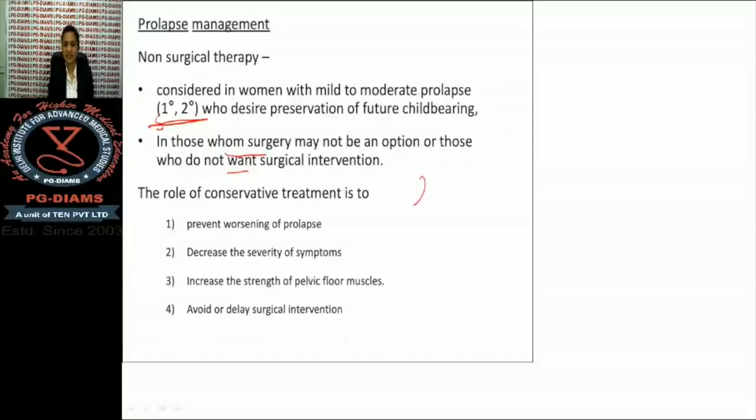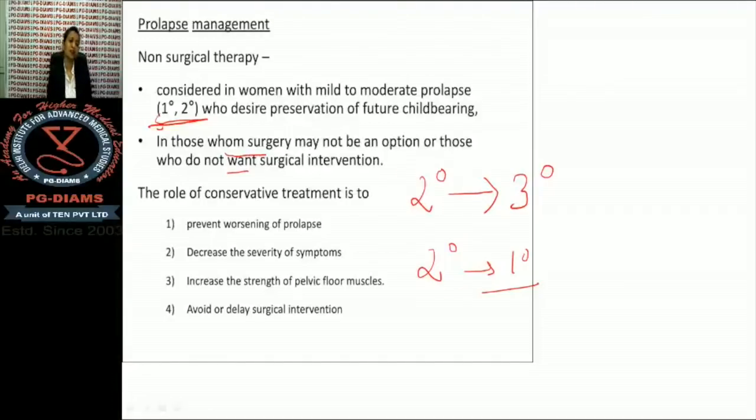Like if she has a second degree prolapse, a non-surgical therapy will only delay its progression to third degree. It will not correct the second degree prolapse and make it first degree or 0. Understood? If an organ has descended, non-surgical therapy will only prevent progression of its further descent. It will not push the organ up on its own, right?